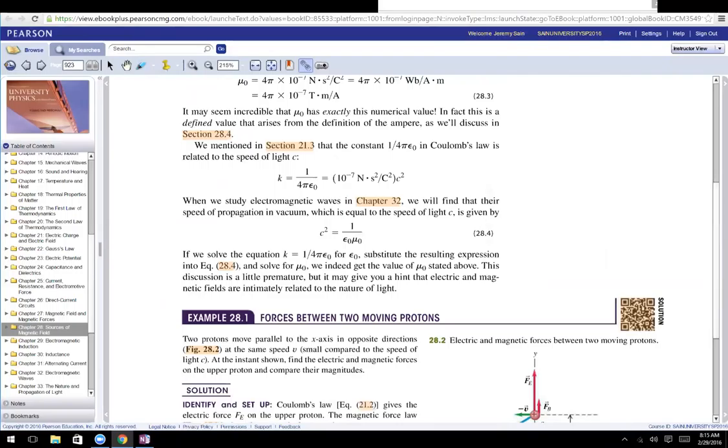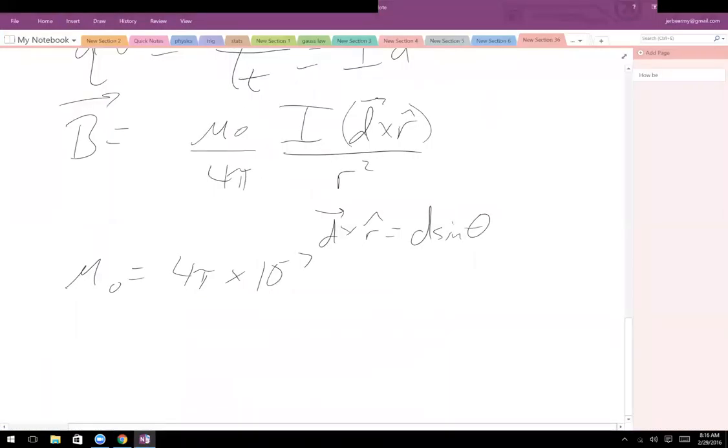Yeah, it's 10 to the minus 7th. That's kind of fun. Let's do that, even though we really won't get to it till a little bit later. But let's talk about it anyway.